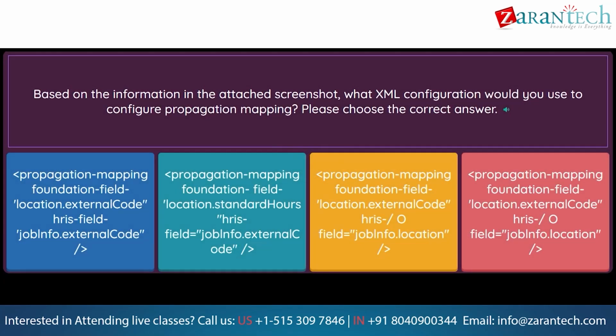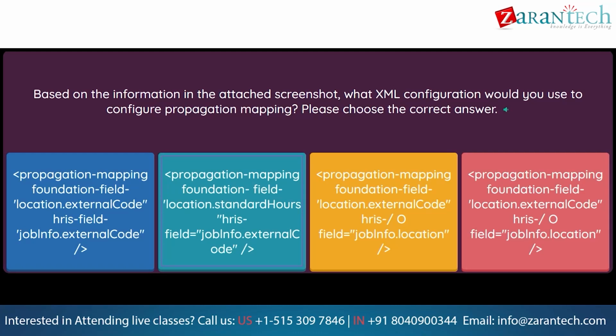Question: based on the information in the attached screenshot, what XML configuration would you use to configure propagation mapping? Please choose the correct answer. Option 1. Propagation mapping foundation field, location.externalCode, hrs field, jobInfo.externalCode. Option 2.